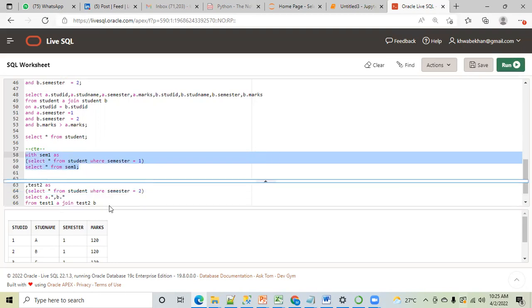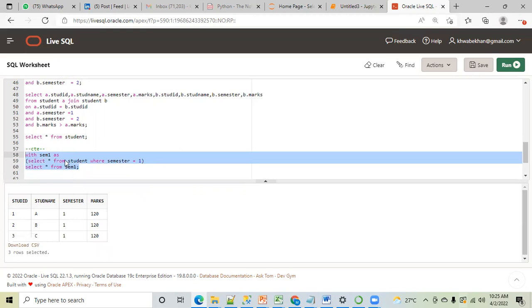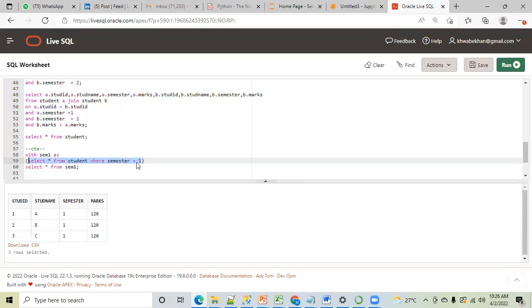This is the output. Can you guys tell me what I have done here? Anyone who can explain? Only semester one students. Perfect. I have written this query because I want only first semester marks, where semester is equal to 1.